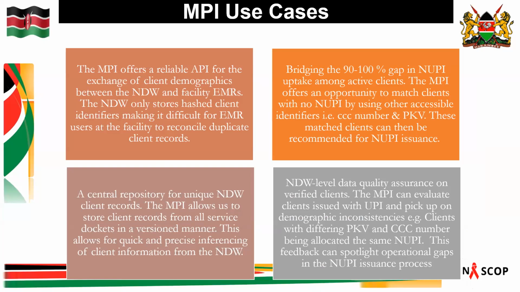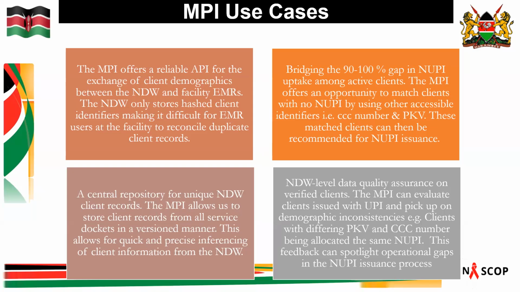We've also been able to use the MPI to bridge the 90 to 100 gap in the verification process, where we link client records that don't have UPI to records that have UPI in other sites, with the intention of accelerating UPI issuance to those client records.